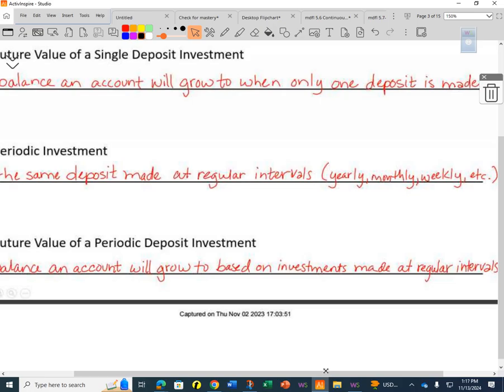If you're done, look at the two formulas on your bottom right-hand corner. The one on the left is what we've been using, the compound interest formula, titled the future value of a single deposit. That's one where it compounds a certain number of times a year.